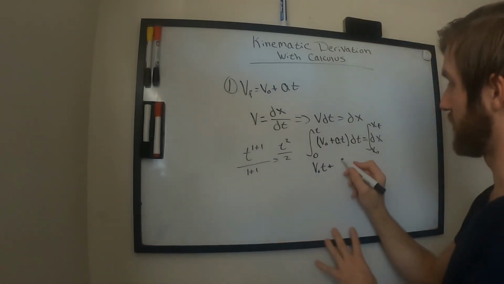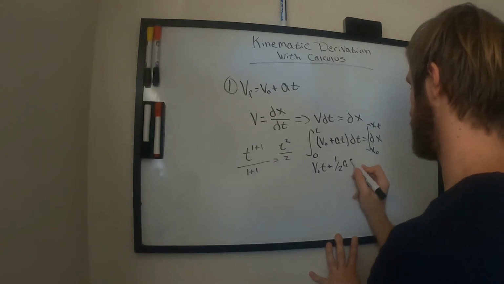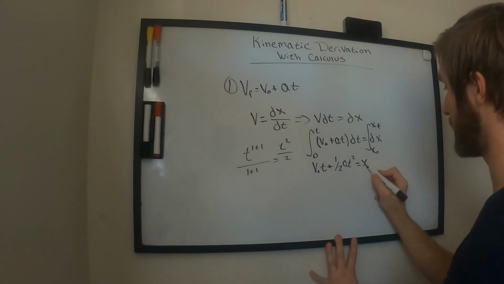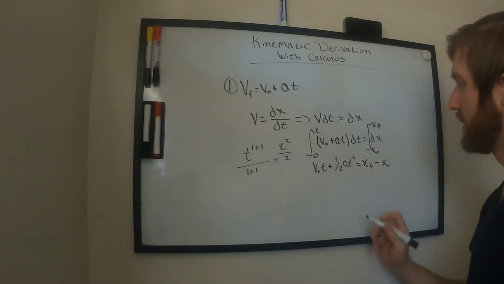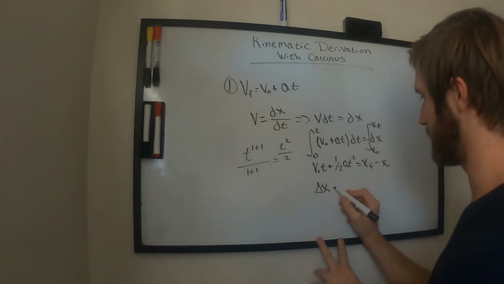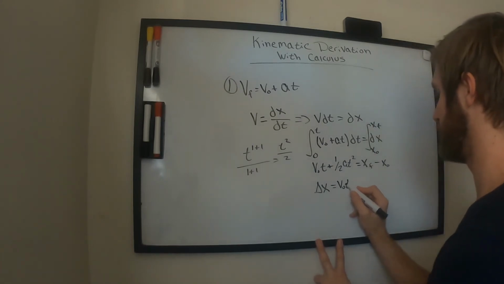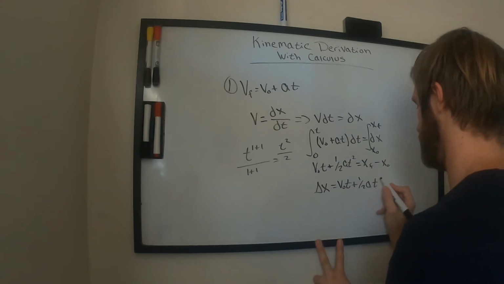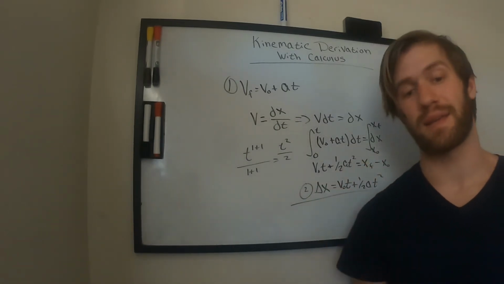So now that leaves us with 1/2 at squared. And that is going to be equal to our x final minus our x initial. And we can just simplify that a little bit, make it look nice and pretty, where delta x is equal to v naught t plus 1/2 at squared. And there we have it, Newton's second equation of motion.